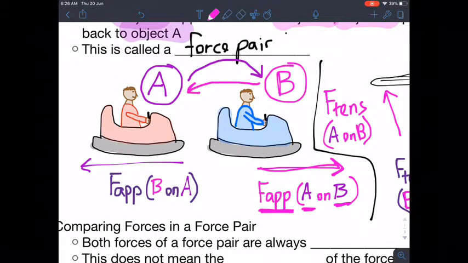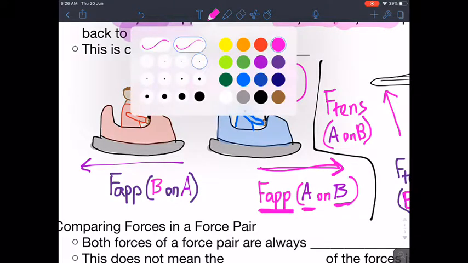But when you hit them, you also feel the impact and your body gets knocked around. Assuming your bumper cars are roughly equal size and both people are roughly equal size, then the experience of those two people is actually exactly the same experience. And as we'll talk about right here, the forces are also exactly equal.